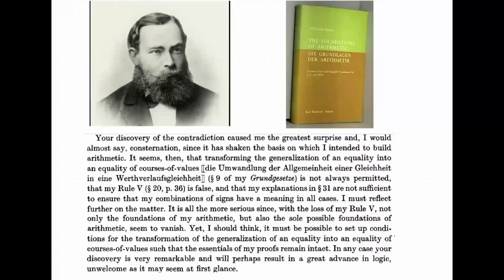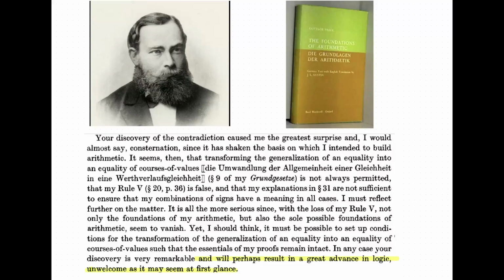Now, Frege was absolutely right in the conclusion of his letter that Russell's discovery will perhaps result in a great advance in logic, unwelcome as it may seem at first. One of the things that mathematicians were hoping to achieve in making mathematics axiomatic was the following. Given any question in math, can we prove or disprove the statement?